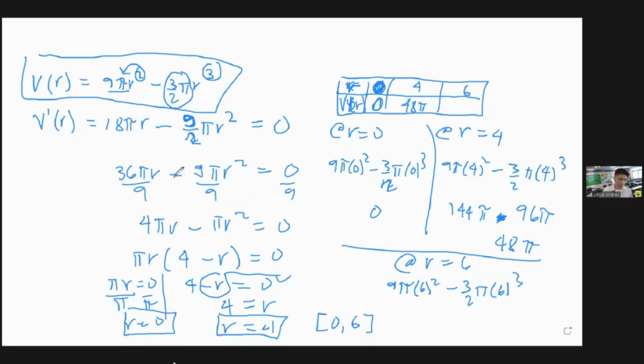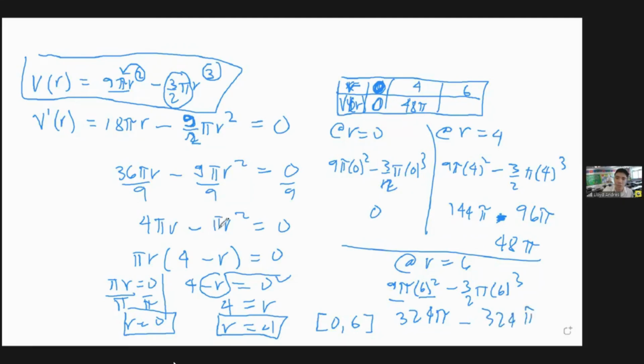We have here 6 squared, which is 36 times 9. 36 times 9 is 324 pi, minus 6 cubed. 6 exponent 3, that's 216 times 3 divided by 2, that's also 324 pi, which is 0.